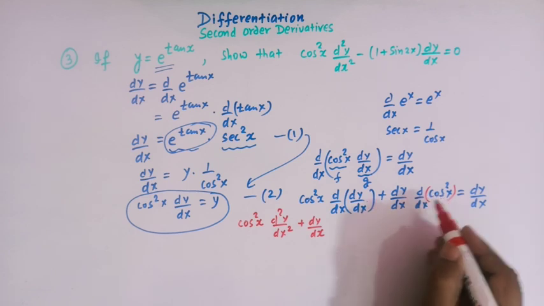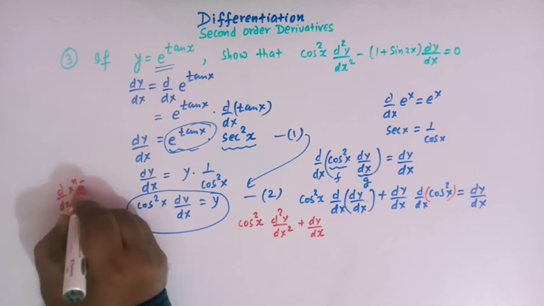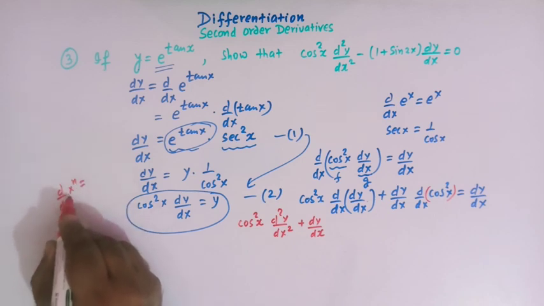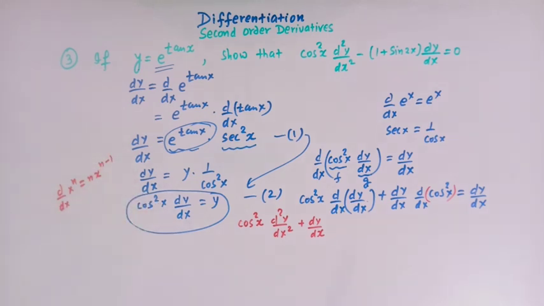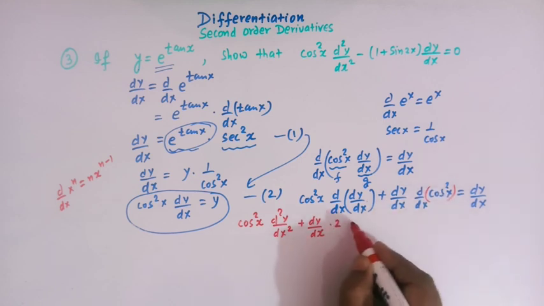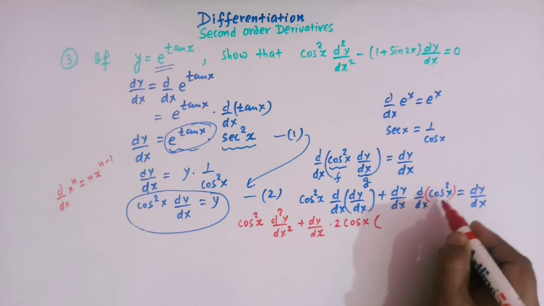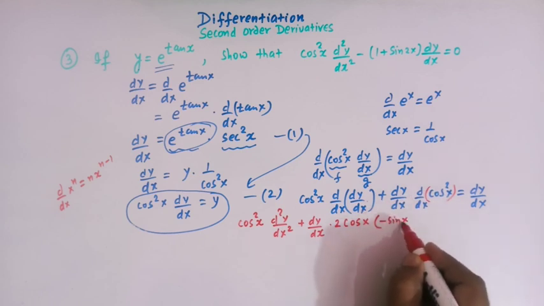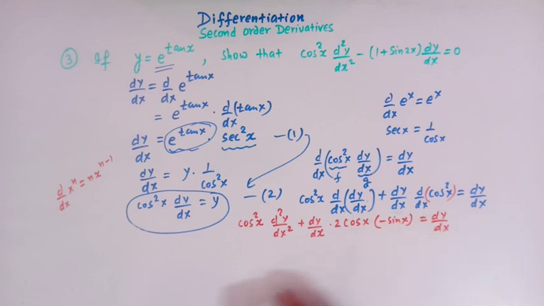So we first apply this rule: the derivative of x^n is n x^(n-1), right? So here, for cos²x, this is 2 times cos x, because 2 minus 1 is 1, and then the derivative of cos x is minus sin x, right, by chain rule, and here we have dy/dx.